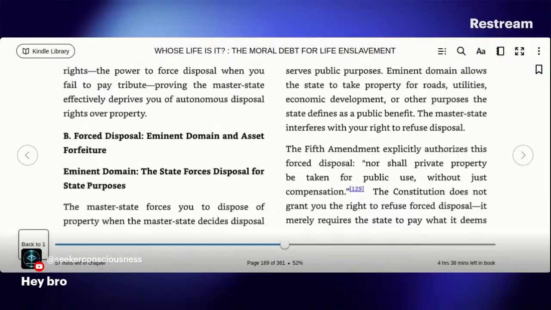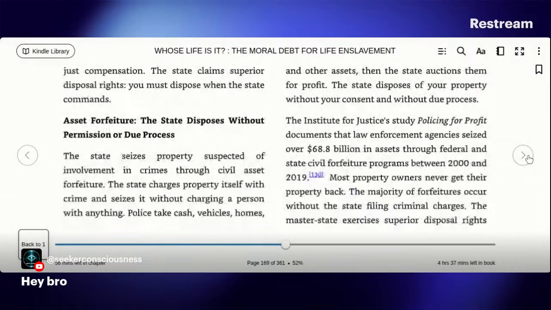The Fifth Amendment explicitly authorizes this forced disposal: "nor shall private property be taken for public use without just compensation." The Constitution does not grant you the right to refuse forced disposal. It merely requires the state to pay what it deems just compensation. The state claims superior disposal rights. You must dispose when the state commands.